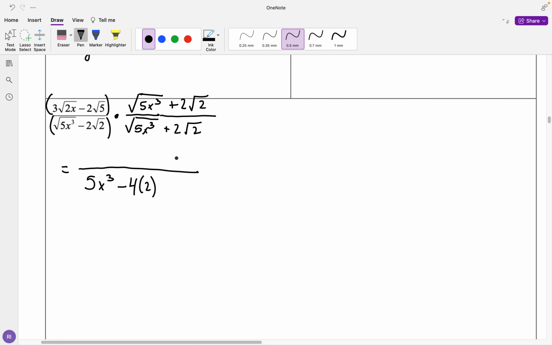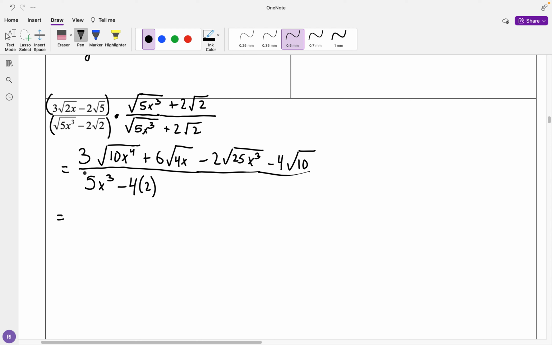And then on the numerator, it will be kind of terrible. 10x to the 4, and then 6, minus 2, minus 4.